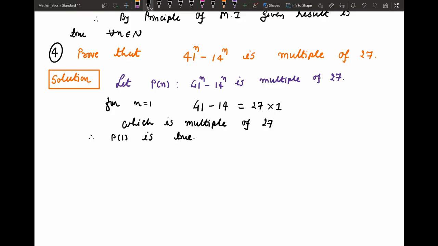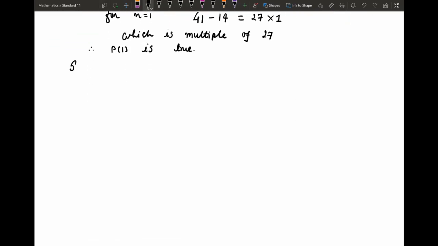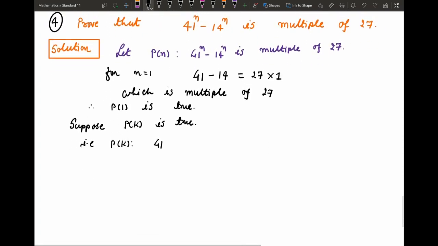Now let us assume that the result is true for n equal to k. So suppose P of k is true, that is, 41 raised to k minus 14 raised to k is a multiple of 27.